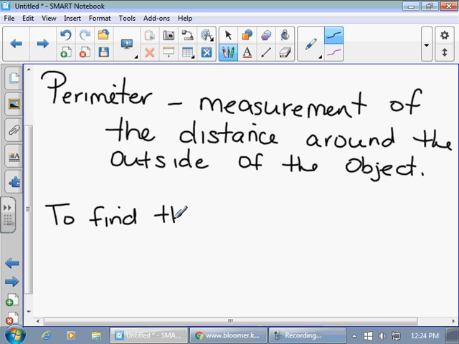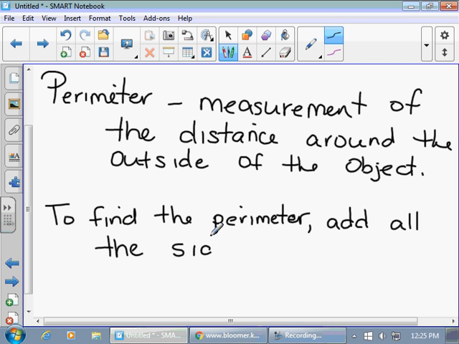To find the perimeter, you add all the sides together.